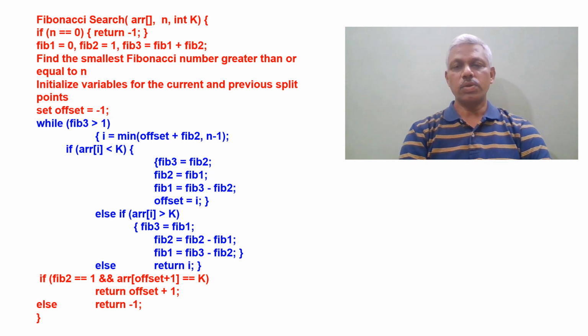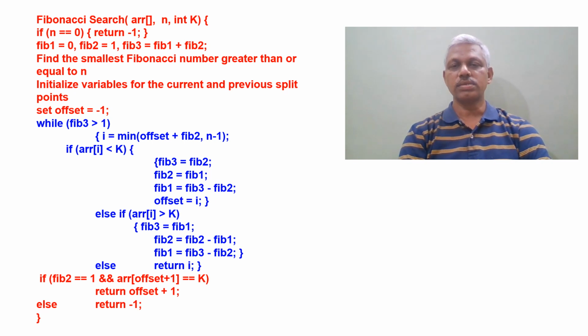So we keep on doing this. In either case, what we are trying to do is find the split point. Once one iteration is done, the fib3 value is updated. Then we go back to the while loop, and the new fib3 value is compared with 1. Either in the first case fib3 is fib2, or in the second case fib3 is equal to fib1.